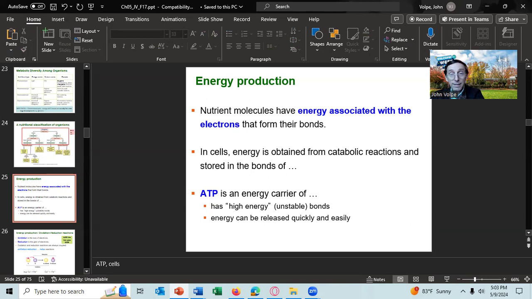When the cells need the energy, they get it from ATP. This is what happens in most cases. ATP is the energy carrier of cells. It has a high energy and unstable chemical bond, and energy can be released quickly and easily by breaking off the third phosphate group of ATP. Any questions about any of that?